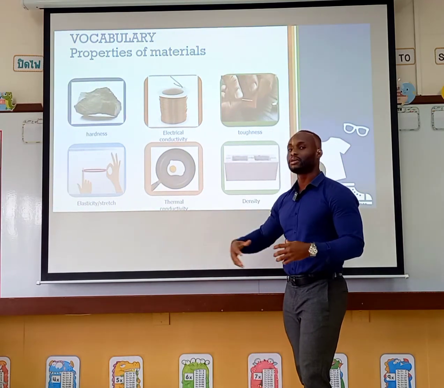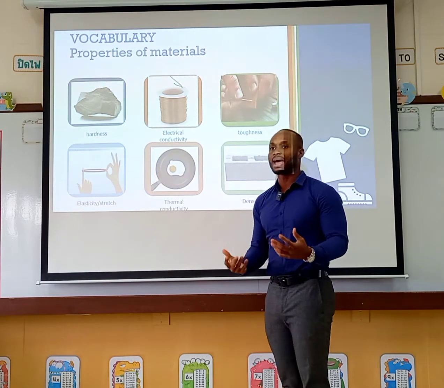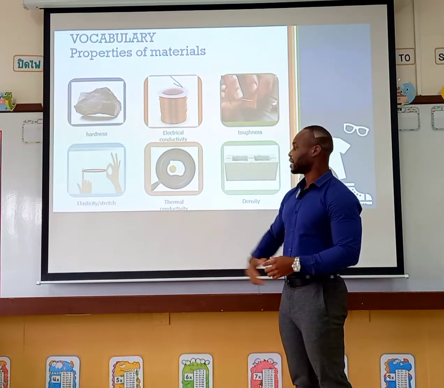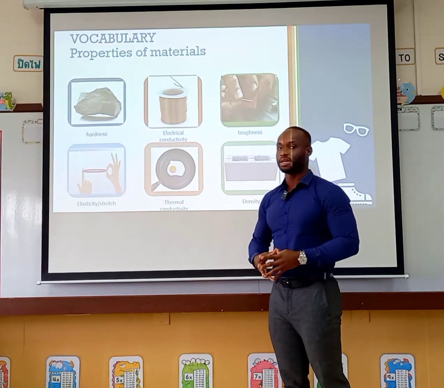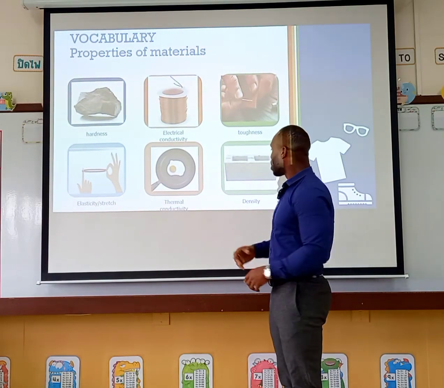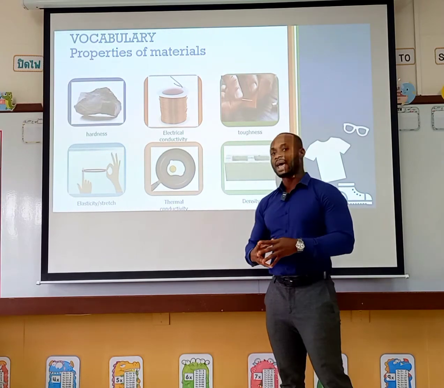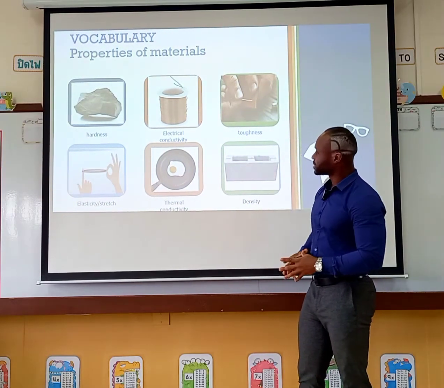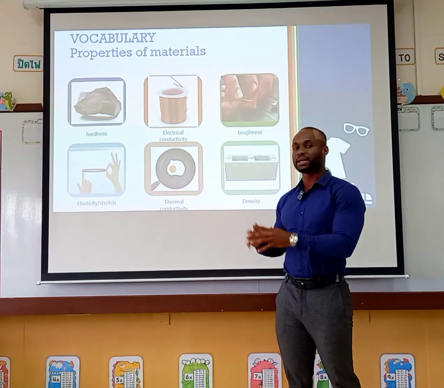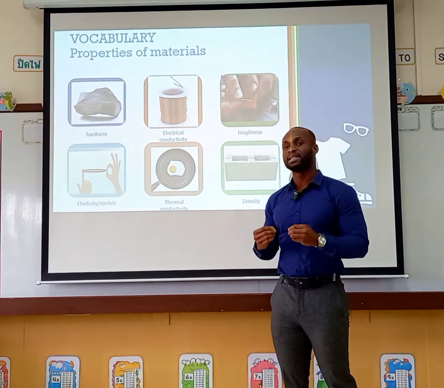For example, your cooking pan, your pot, this is an example of a thermal conductor. Okay, the next one is density. This is the amount of matter in an object or in a material, okay. So this is density. We are going to explain each and every one of these in detail.